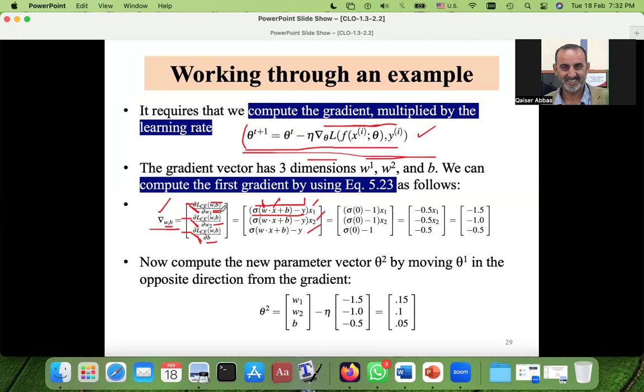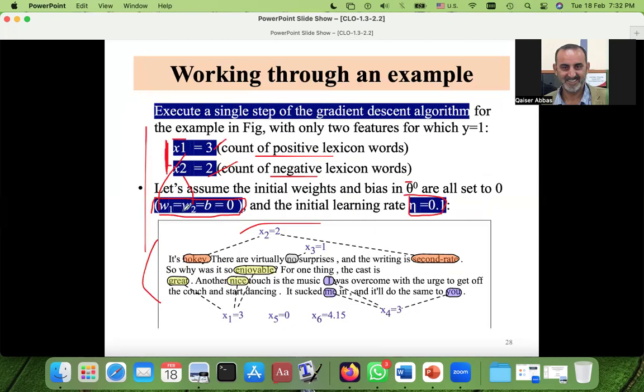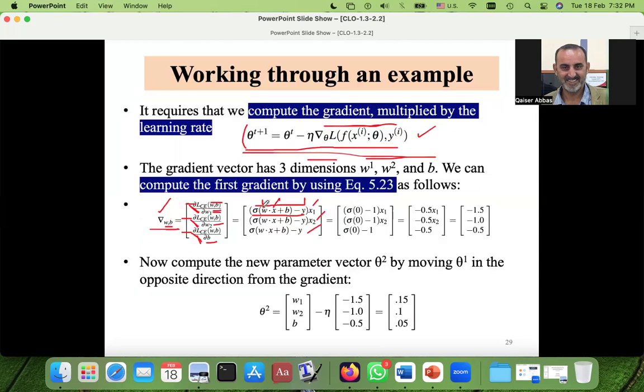Initially W1, W2, and the bias are all 0. So 0 multiplied by x1 becomes 0, and the bias is also 0, so you have 0 here.